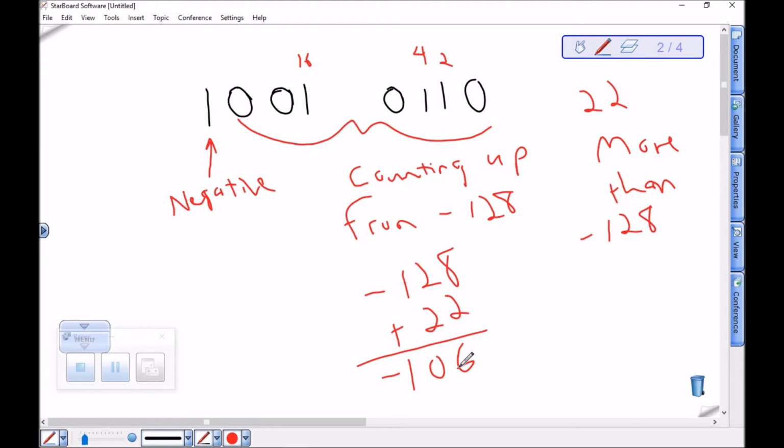Okay, so you can either think about a negative 8-bit signed integer as the number that much greater in just the last 7 bits, the negative 128, or you can use the 2's complement to find out the positive version and then note that that's the negative of it.